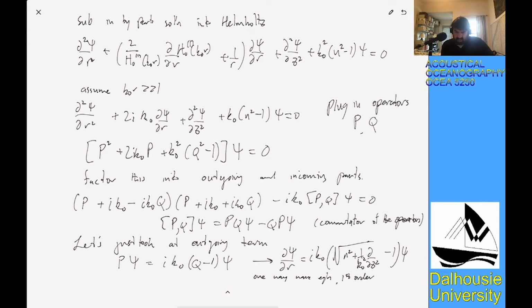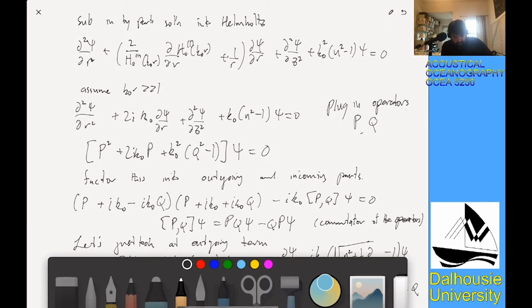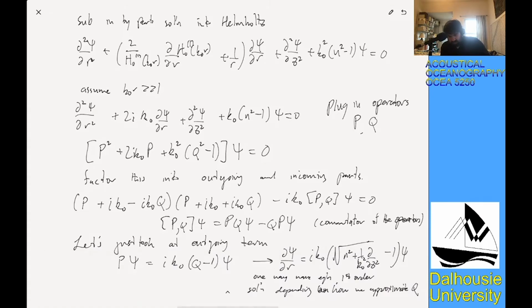And we can obtain a solution for this which depends on how we approximate Q, or this square root, this tricky little square root here.